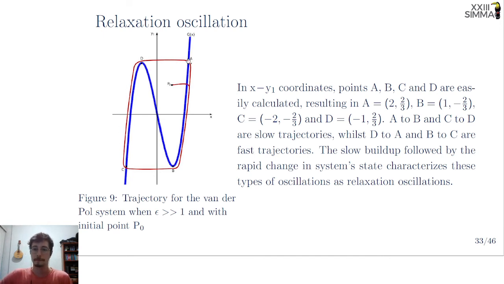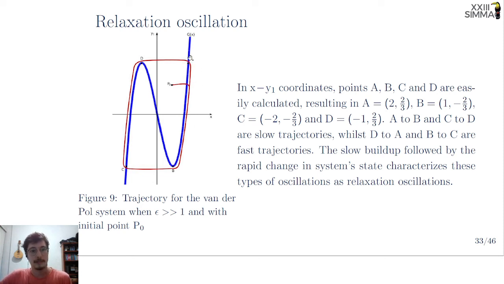This slow trajectory followed by a fast trajectory is what gives this oscillation its name, the relaxation oscillation. So here we can see a limit cycle forming.